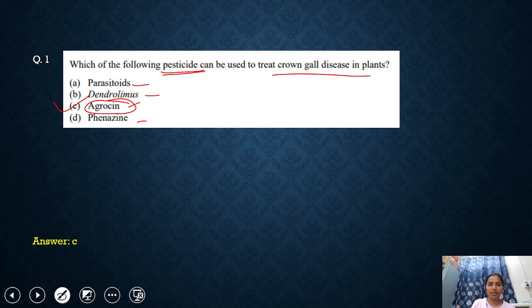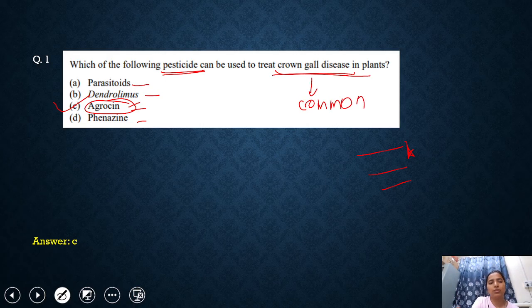You have studied different types of pesticides, either microbial pesticides, biopesticides, and other pesticides. Then you must know the example of each type. That is really important, especially if they are related to any particular disease that is very common in plants.